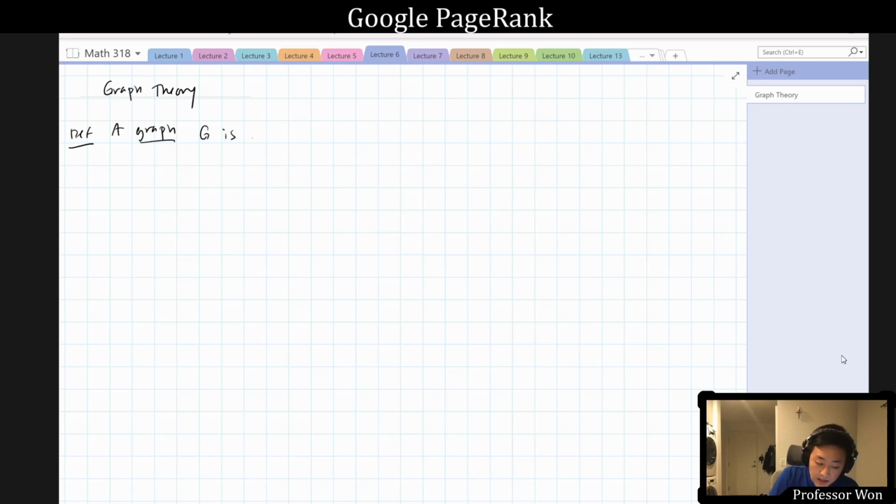A graph G is a collection of vertices, or sometimes they're called nodes. We'll always label them 1 through n. We're also assuming that graphs are finite in this class. Of course, there are infinite graphs, but in this class, all graphs are finite. And edges, which connect pairs of nodes.